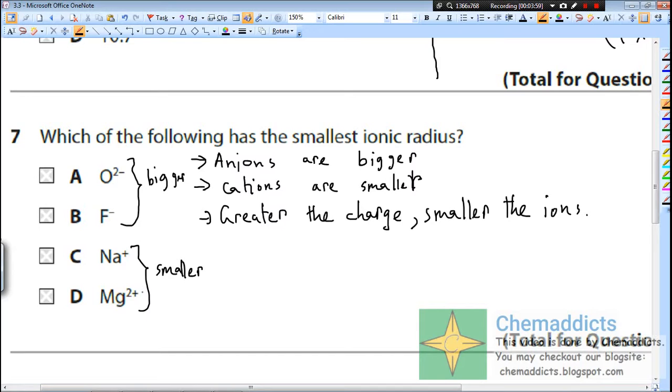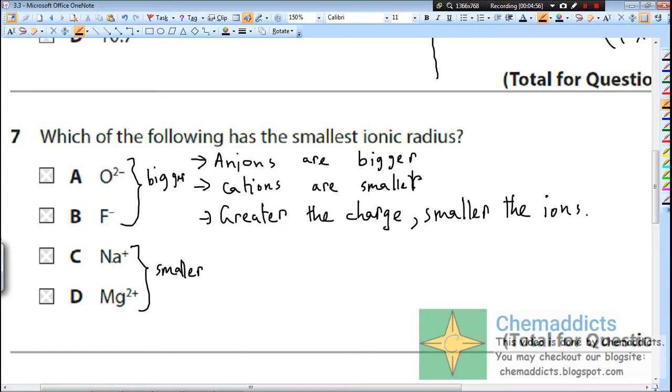Why are they smaller? That's because greater the positive charge on ions, the greater the decrease in size, since there is an increase in attraction between the electrons and the positively charged nucleus. Since these are positively charged ions, they have fewer electrons, so there is more attraction between the electrons and the positively charged nucleus.